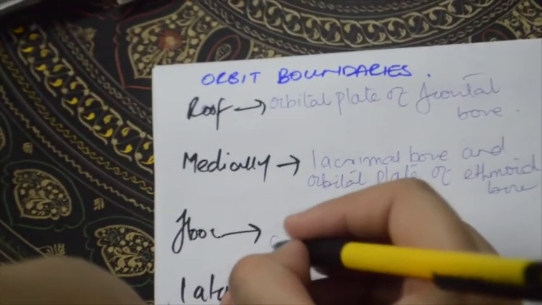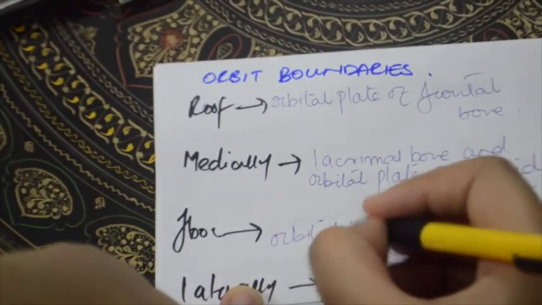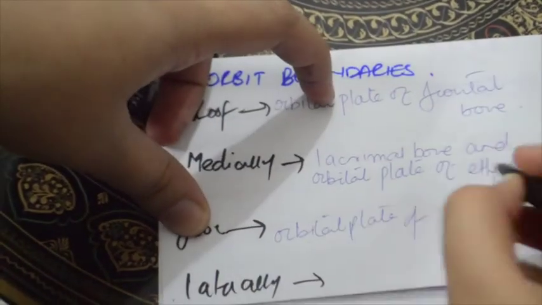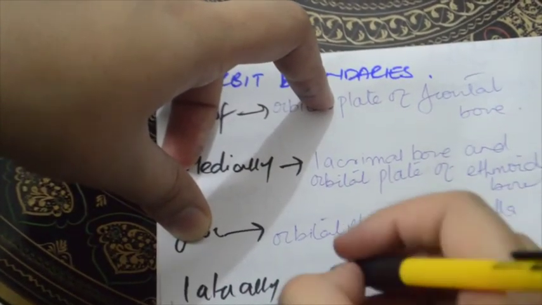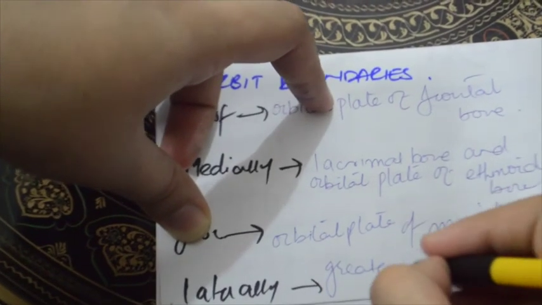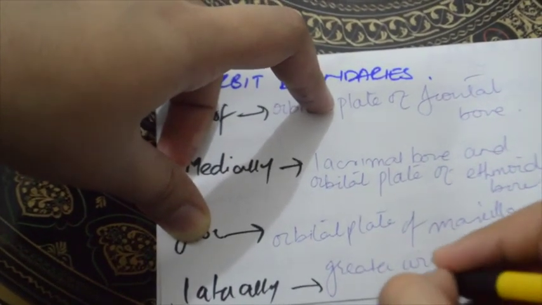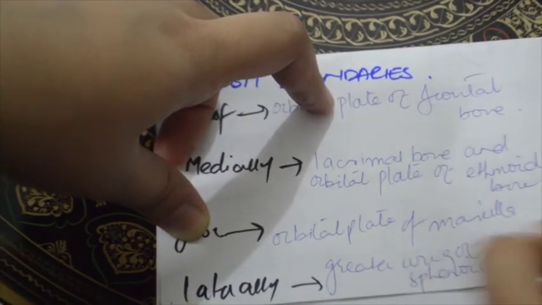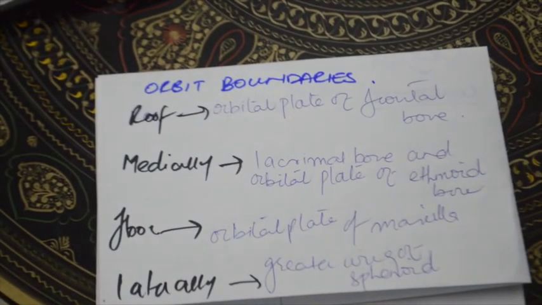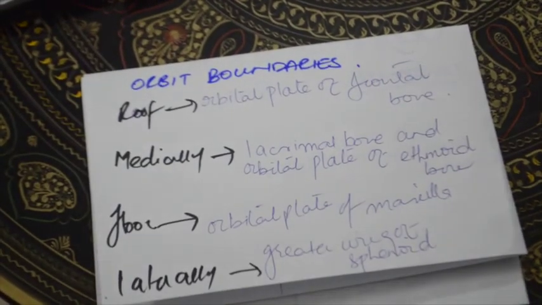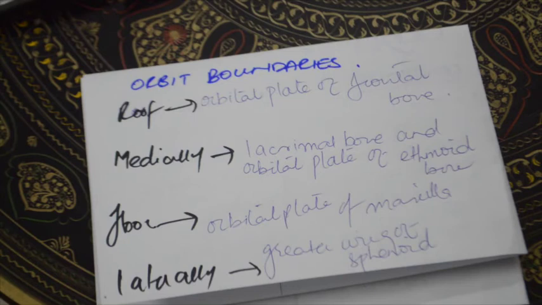The floor is formed by the orbital plate of maxilla, and the lateral wall is formed by the greater wing of sphenoid. As we did earlier. I showed you the lateral wall in the atlas as well, and I showed you the orbit in the atlas as well, so I'll show you the neat notes in a bit.